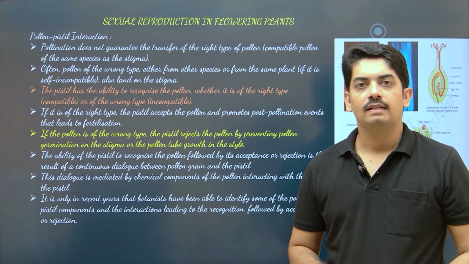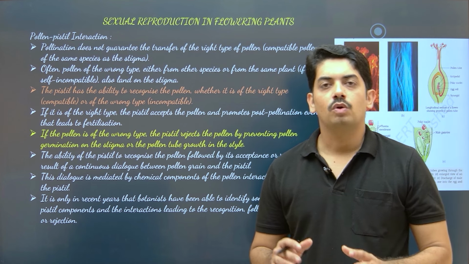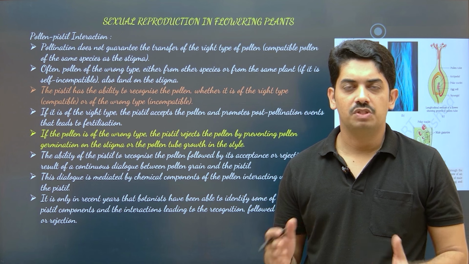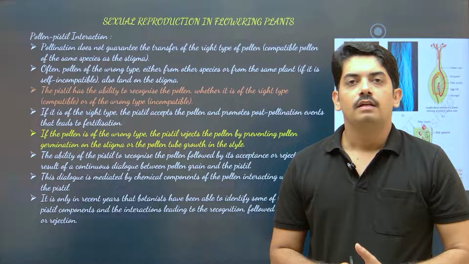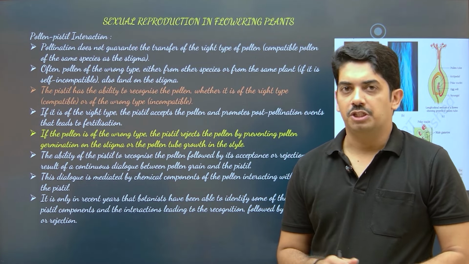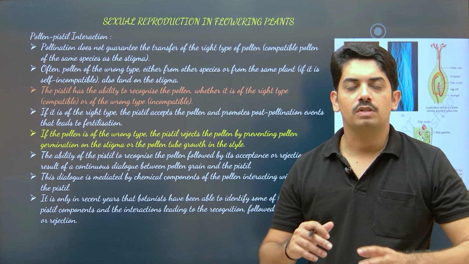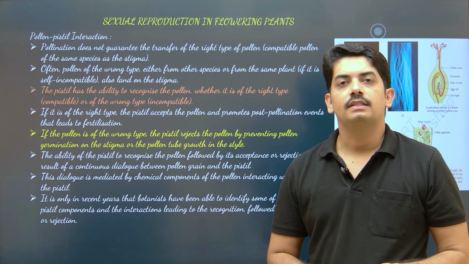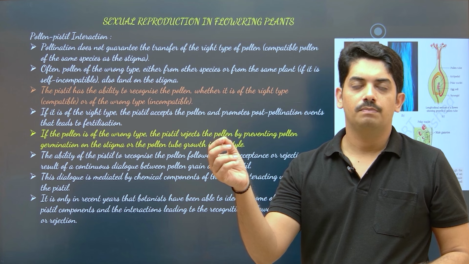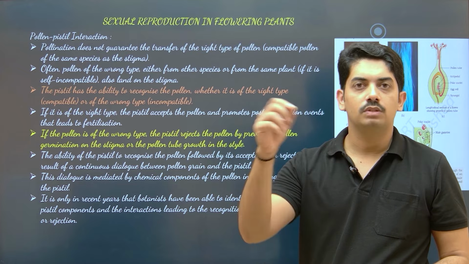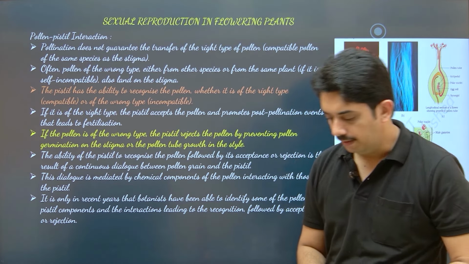Pollen-pistil interaction. So far what we have studied is related to pollination, right? Pollination is a process where pollen grain is transferred from the anther to the surface of the stigma.